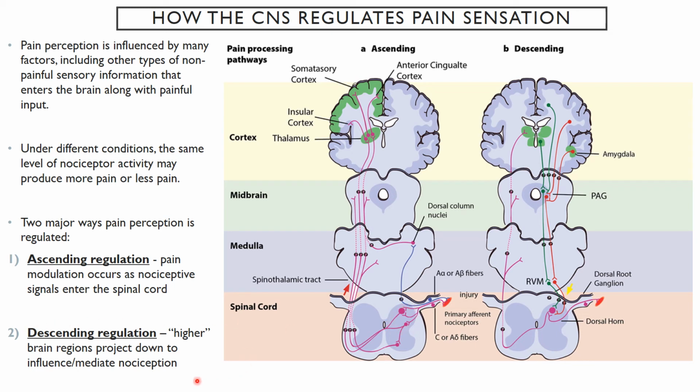There's also descending regulation, where higher brain regions, such as in particular the periaqueductal gray area, the PAG, which is right here around the aqueduct, that's connected to several higher order brain areas as well as a number of brainstem nuclei that then regulate pain perception via the release of special neurochemicals called endogenous opioids that will regulate how pain is being sent up to the brain via this descending pathway that comes down from the brain down into the spinal cord.